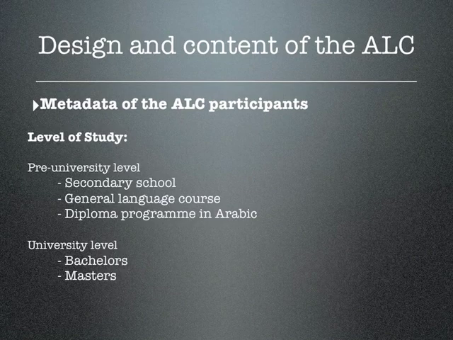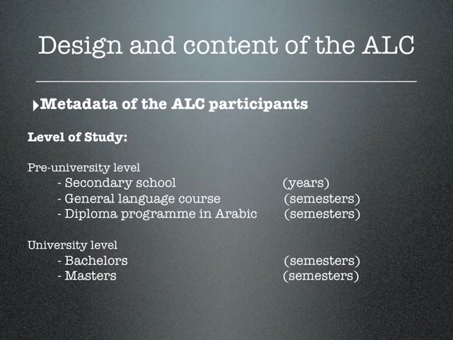Level of study is a subcategory of the general level, so the pre-university level was broken up into 3 sub-levels: secondary school, general language course, and diploma program in Arabic, which is an advanced language course. And the university level was divided into 2 sub-levels: bachelor's and master's degrees in Arabic.